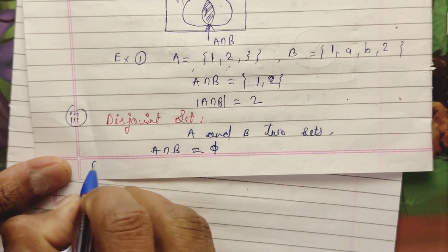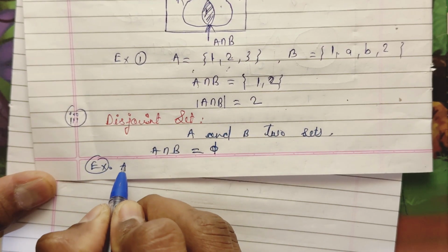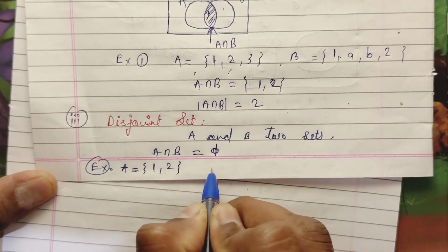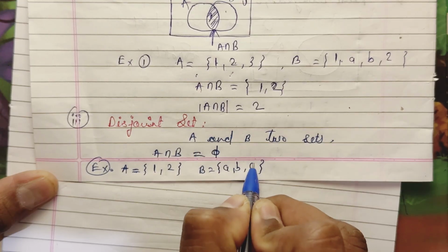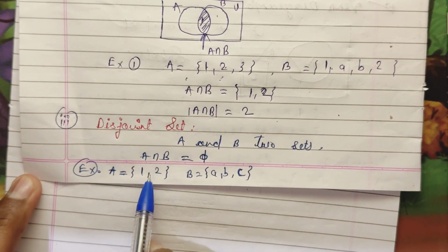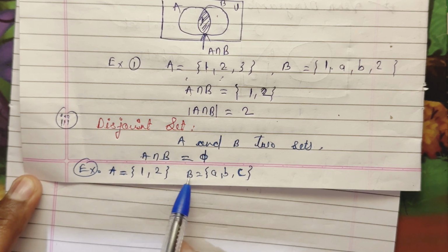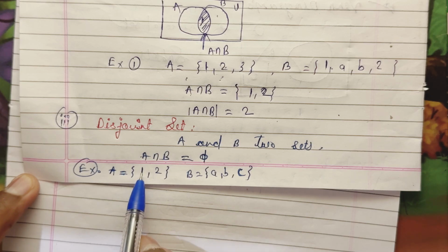Okay, for example, I'll explain mathematically. Example: set A I consider here as {1, 2} and set B as {a, b, c}. You can see that there is no element common between set A and set B. There is nothing common. Only one element is present in all sets, which is phi.